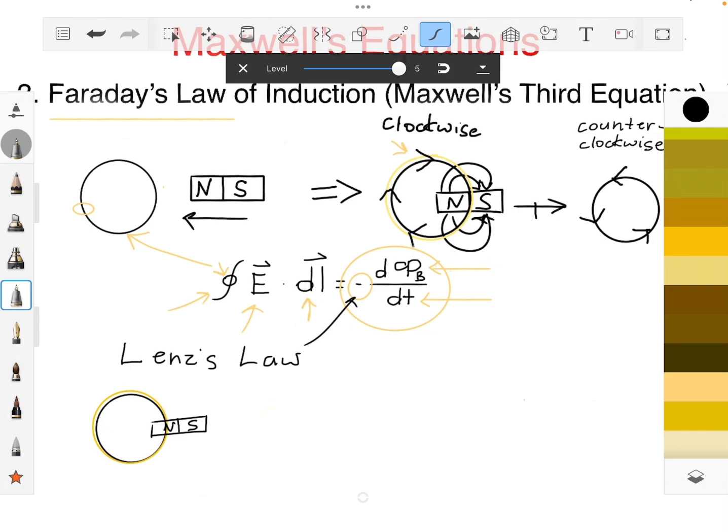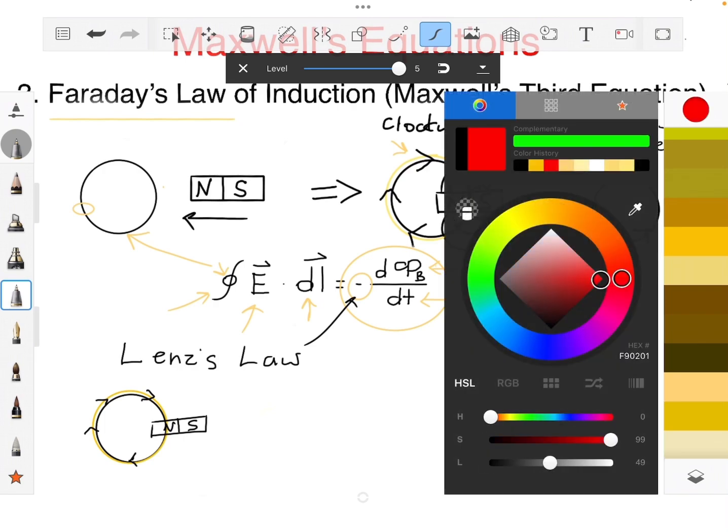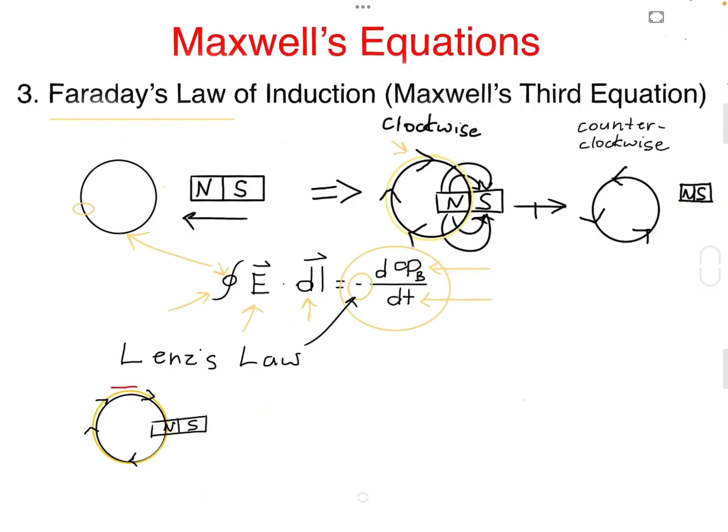That's due to the induction, the field induction. And that current, because we have a current here now, the electric field current, which is going clockwise in our case, actually immediately generates another magnetic field around the loop.